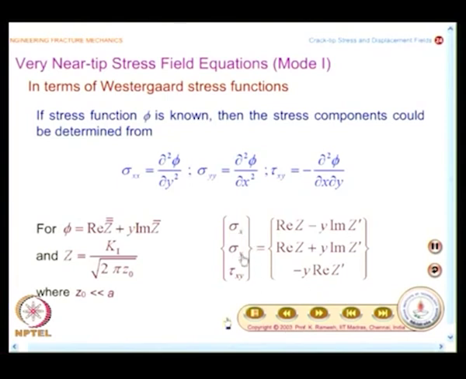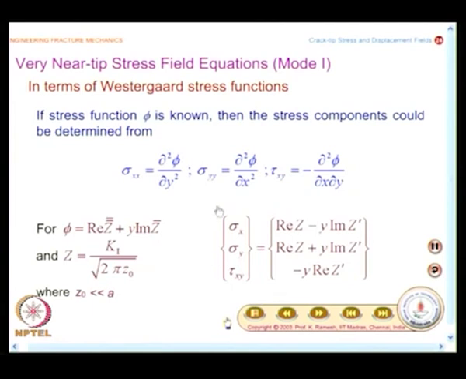You have sigma x, sigma y, tau xy, which is equal to real part of capital Z minus y imaginary part of capital Z prime, then real part of capital Z plus y imaginary part of capital Z prime, minus y real part of capital Z prime. And what is the corresponding Airy stress function for this problem? This is phi equal to real part of z double bar plus y imaginary part of z bar.